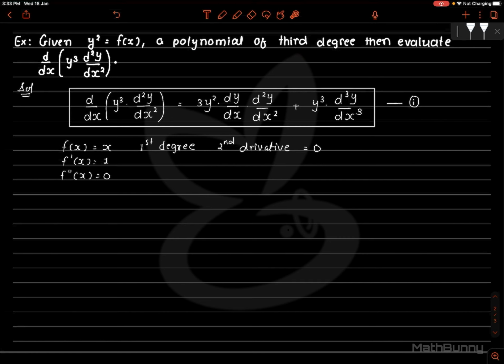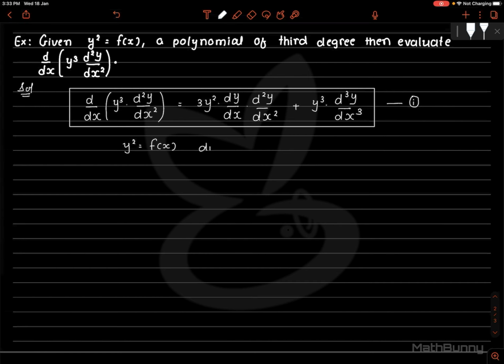Right? Now we can see the solution. Y square is equal to f of x is given. We can differentiate it with respect to x. We will get 2y into dy upon dx. It would be f dash of x. Say this as result number 2.